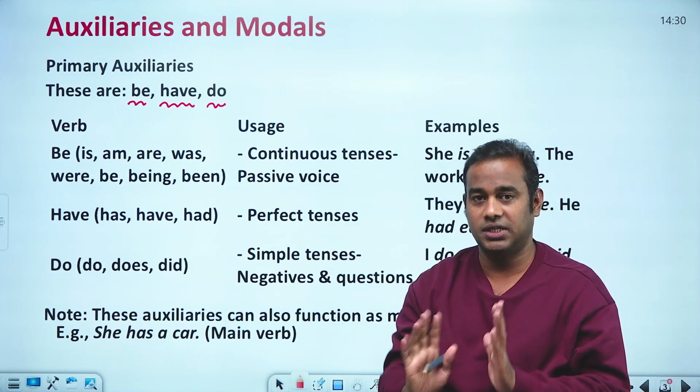Is, am, are, was, were, be, being, and been. So for both the continuous tenses and also for passive voices, we use the same be verb.